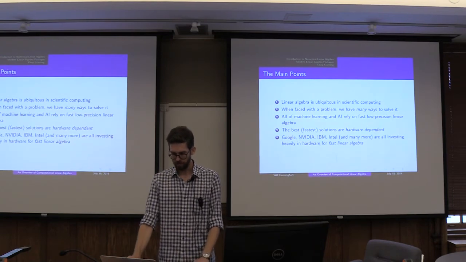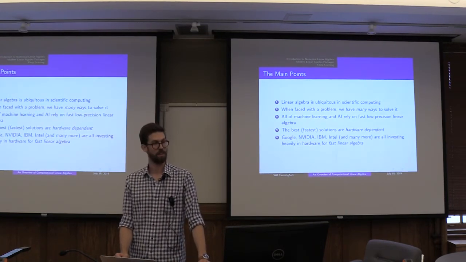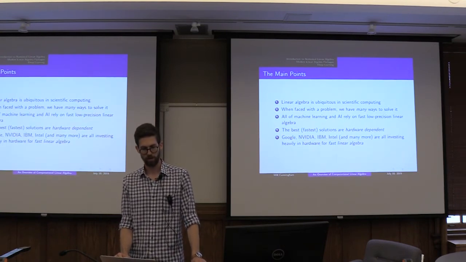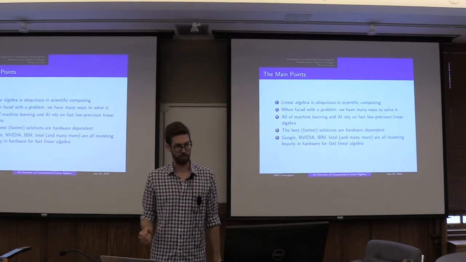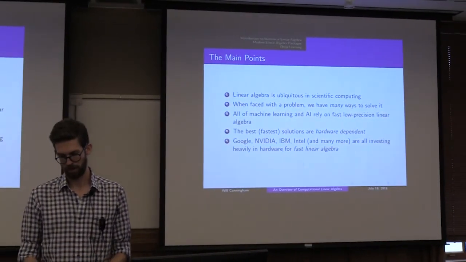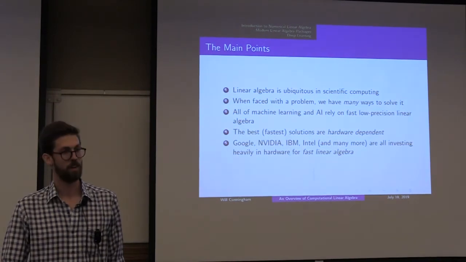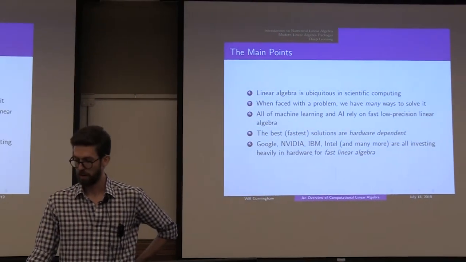I want to emphasize that all of machine learning and artificial intelligence relies on fast, low precision linear algebra. So this is matrix and vector algebra. And the best, meaning fastest, solutions are those which are hardware dependent.